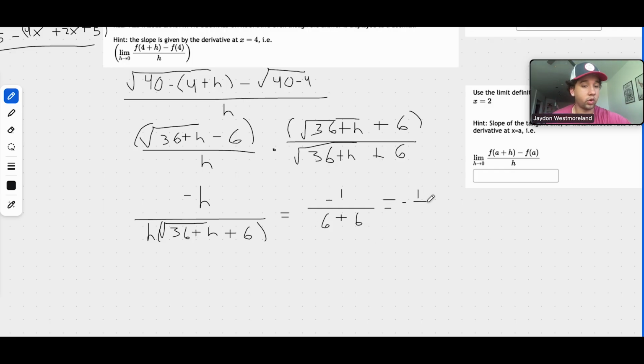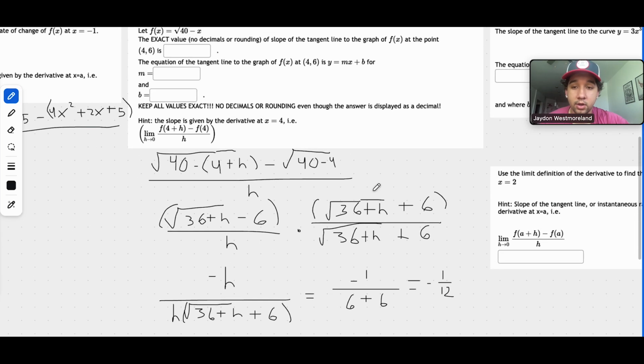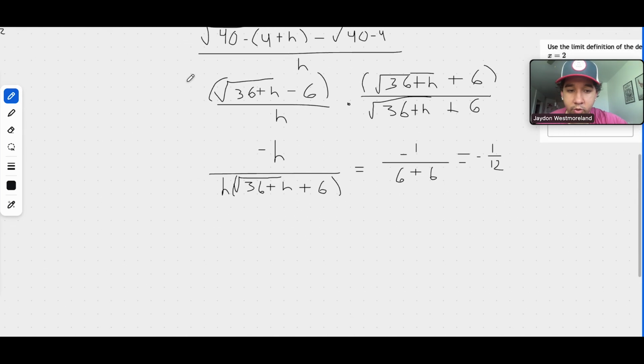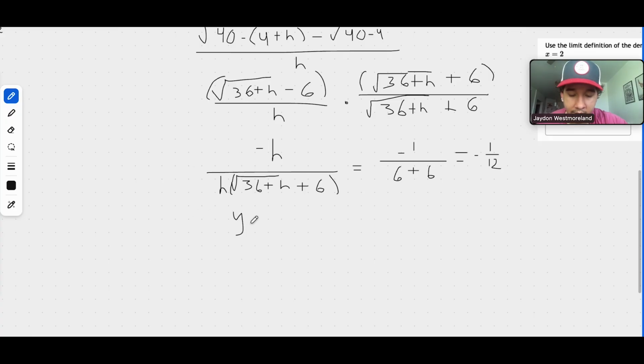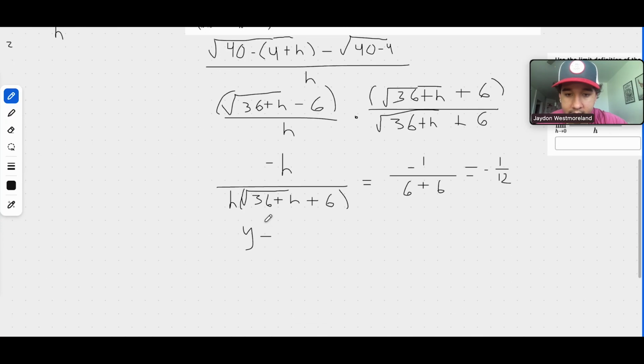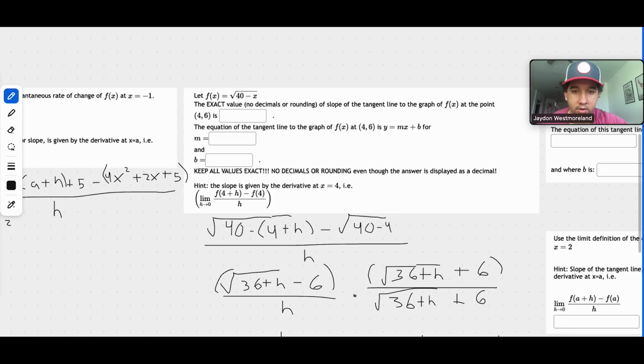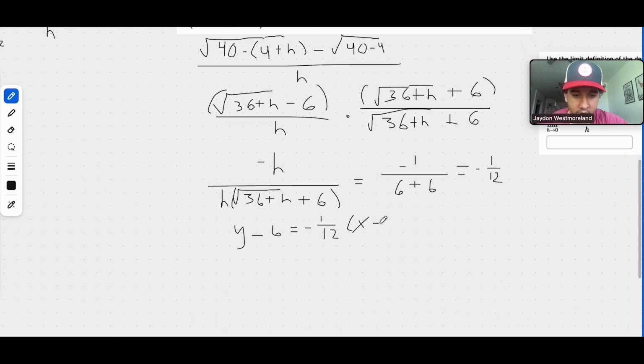Now again, what this solves for is the instantaneous rate of change, in other words, the slope. So now what I'm going to do here is use point slope form. So y minus 6 is equal to negative 1/12 times x minus 4.